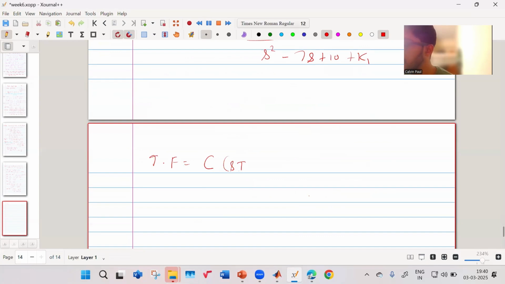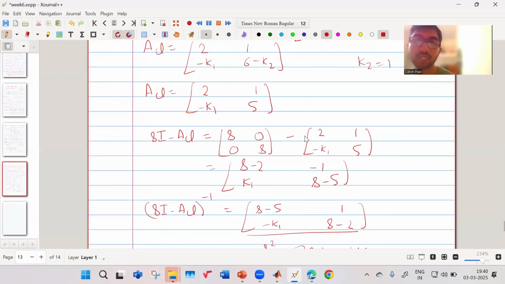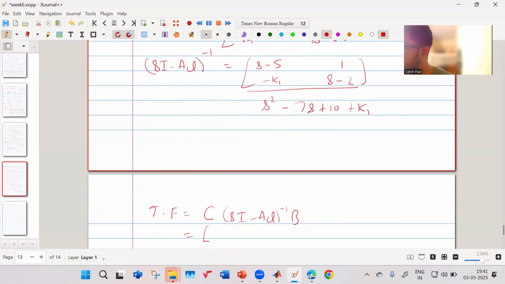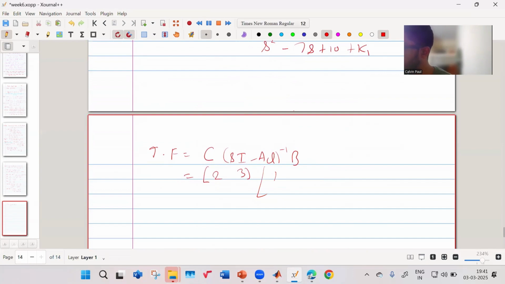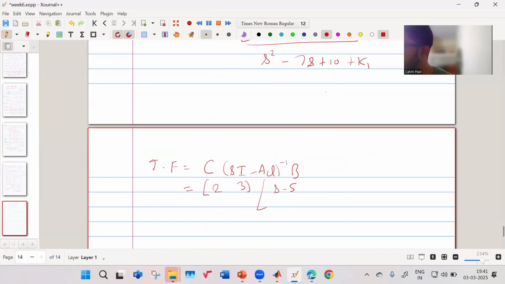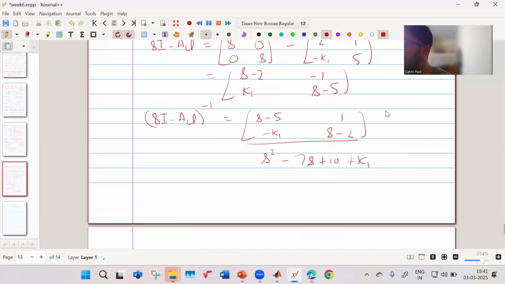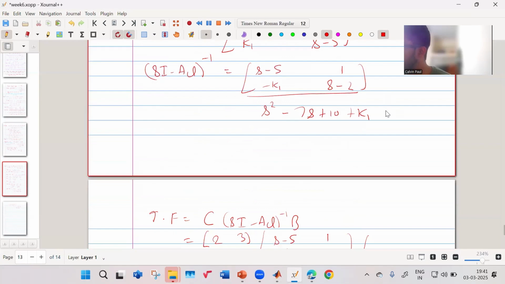C into sI minus A closed loop inverse into B. So what is our C given to be? 2, 3. C is 2, 3, and this is S minus 5, 1, minus K1, S minus 2, upon the determinant of sI minus A closed loop, into B. B is given by 0, 1, right?